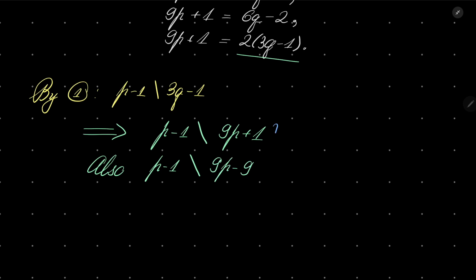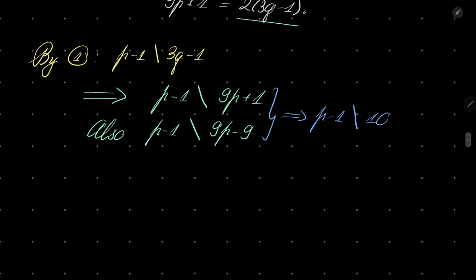Which means that if I subtract these two numbers, P minus 1 must divide 10. And now we are left with just a couple of possibilities. Which primes reduced by 1 divide 10?